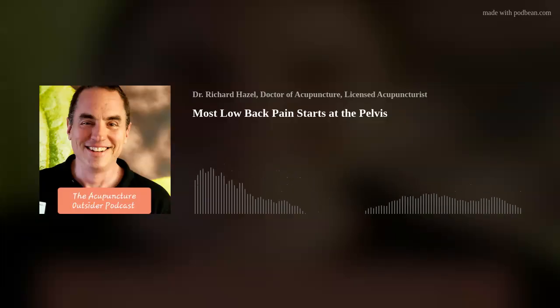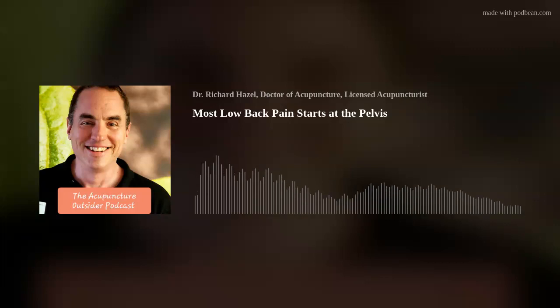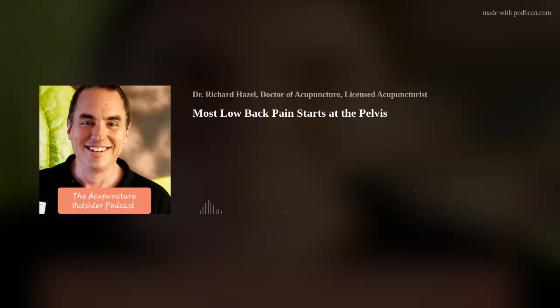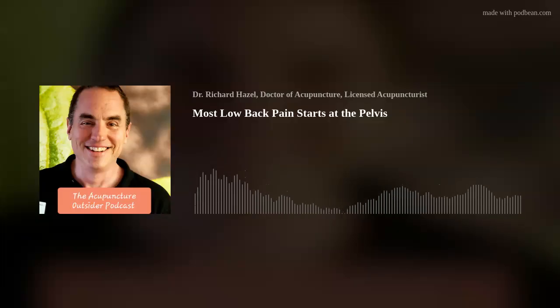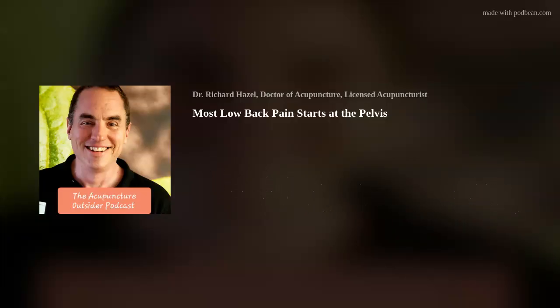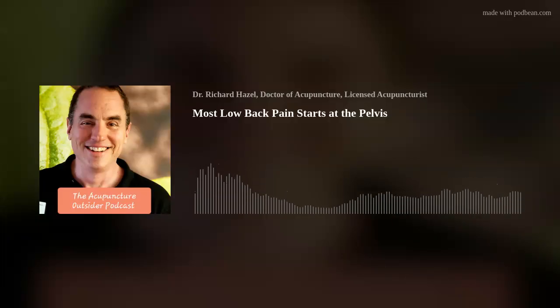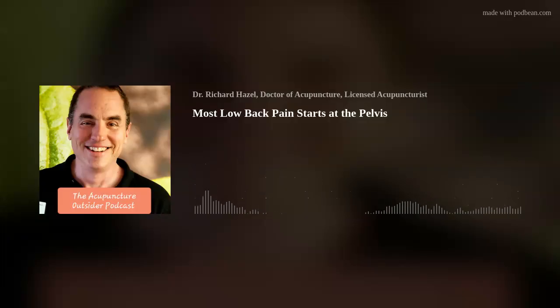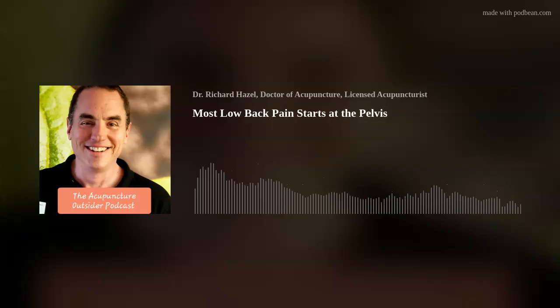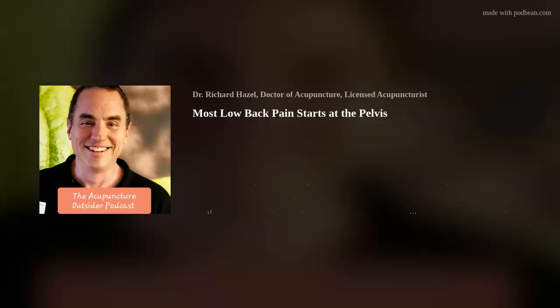The primary stabilizers of the SI joint are the gluteals, gluteus maximus and medius in particular. Glute max has a very strong ability to stabilize the SI joint. The deep rotators, the piriformis, the two gemelli, and the obturator internus all help stabilize the SI joint.